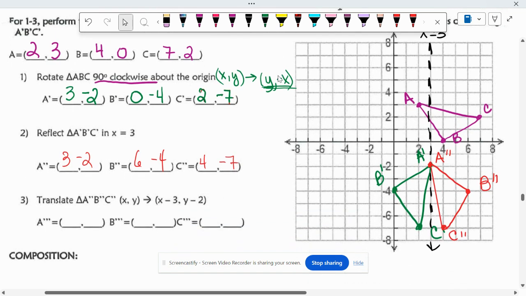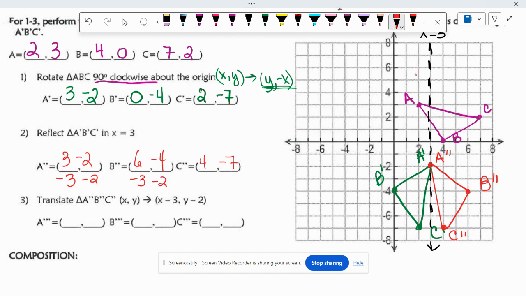And remember, we can take each one of these ordered pairs and perform the translation rule that says we're going to do what? Subtract 3 from the x and subtract 2 from the y, so I'm going to just write it right below: -3, -2, -3, -2, -3, -2.